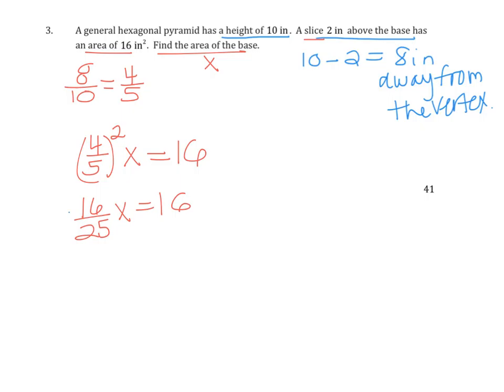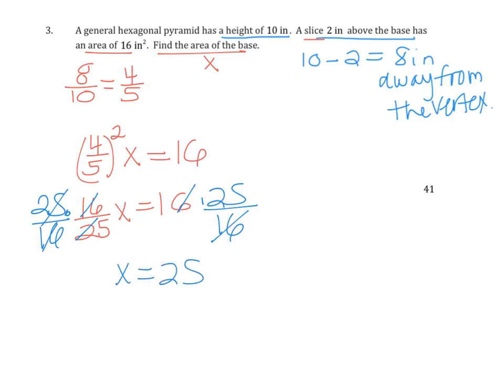I multiply by the reciprocal. And the 16 cancels out. So I get x is equal to 25. So that is 25 square inches is the area of the base.